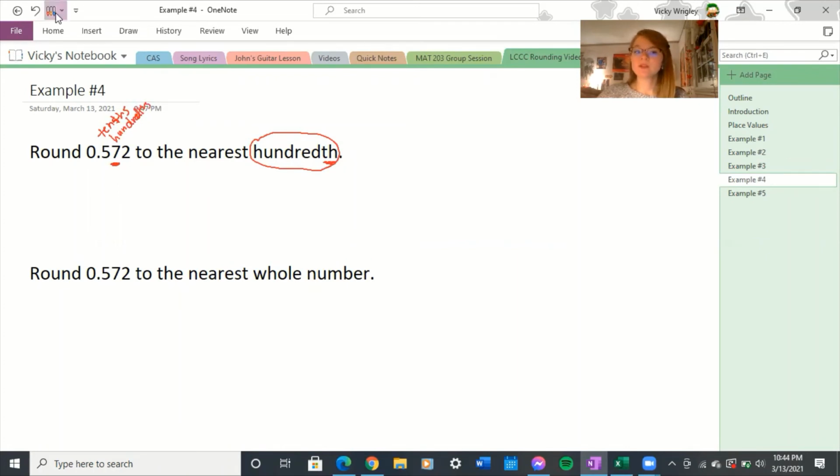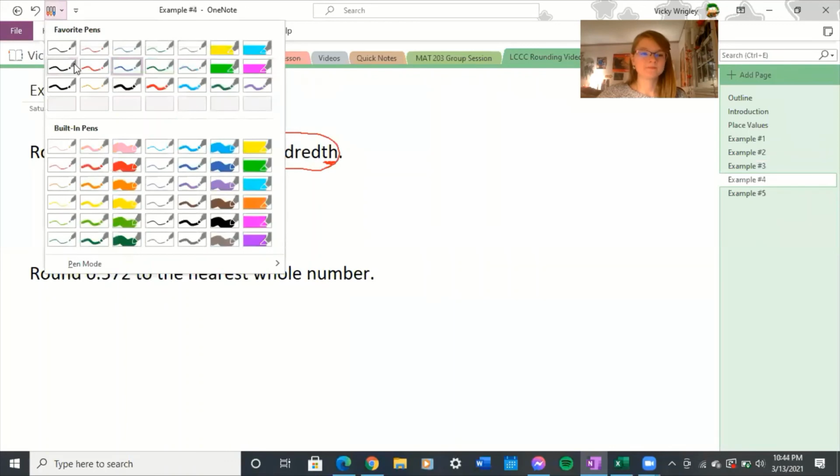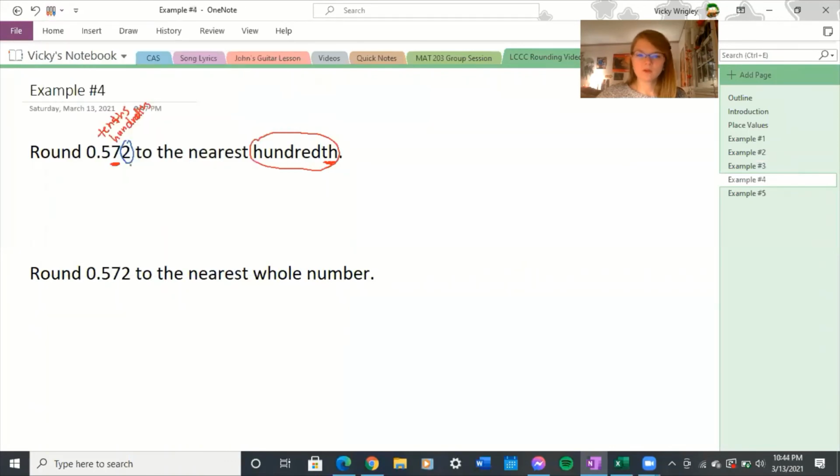Doing this for decimals is the exact same as doing it for whole numbers. Same process. Underline the place value you're evaluating. Look at the number to the right. 4 or below, let it go. 5 or above, give it a shove. 2 is in that category, so the 7 is going to stay the same.